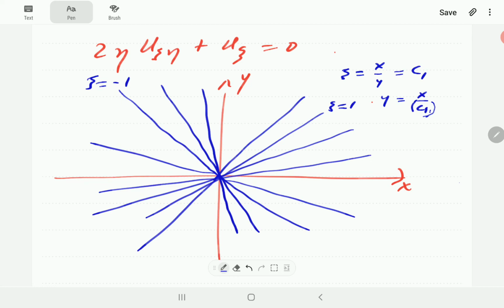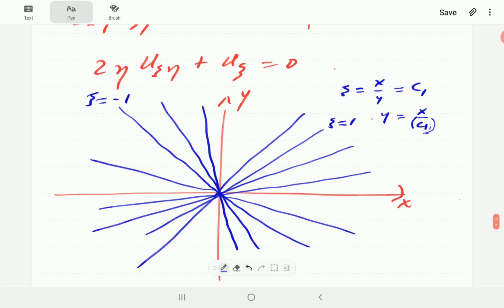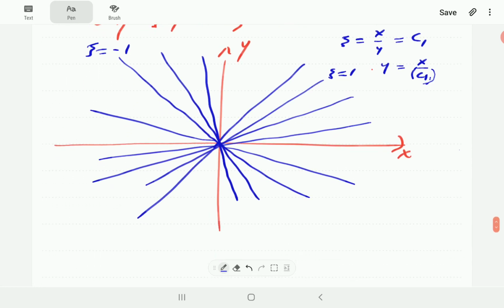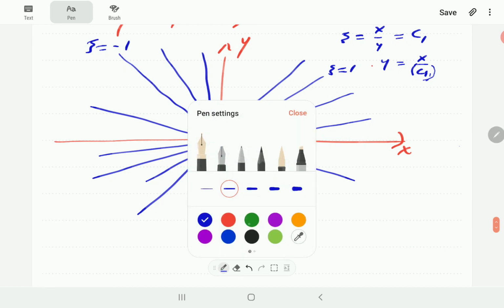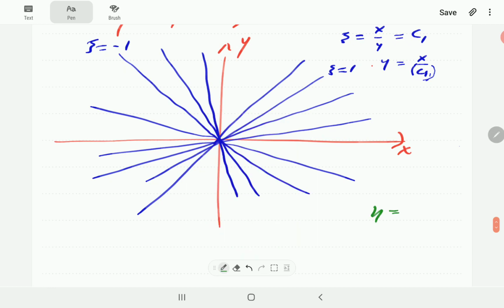Then the eta coordinates: eta is xy equal to constant. So these ones are y equals c2 over x. These are hyperbolas.